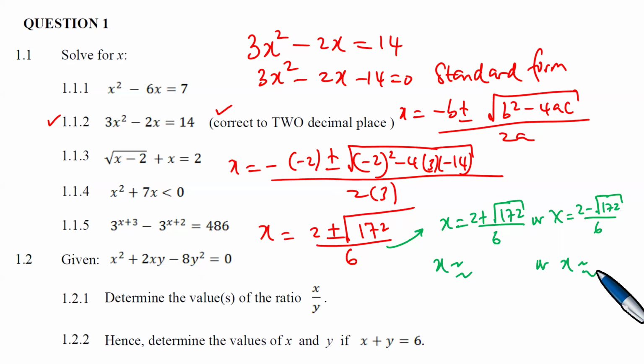We're going to use a calculator to get the results. At this point, it is exactly 2 comma 52, and the other one is exactly minus 1,85. These become the results here.